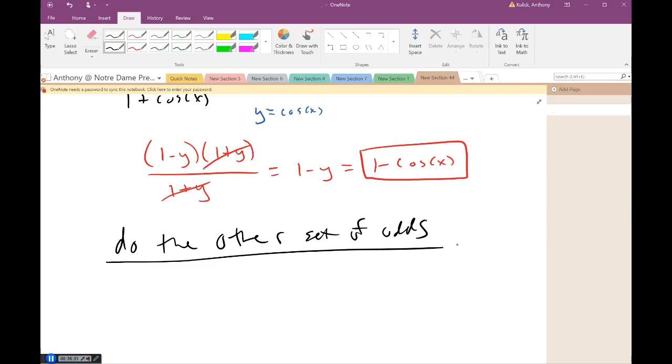It'd be 11 to 47, every other odd. Did you guys feel a little bit better after going through some of these? That's the plan.